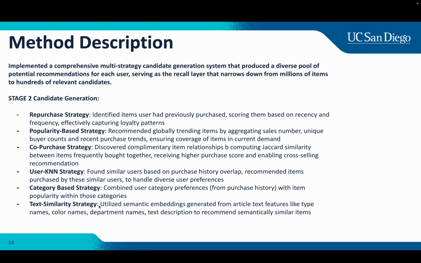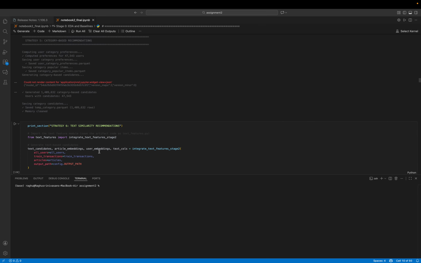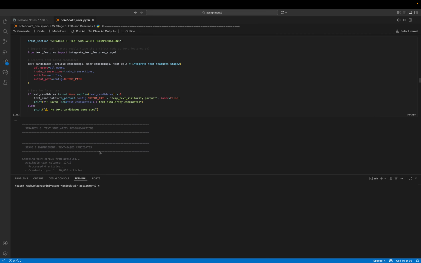And the text similarity strategy is simple, since we also have text features corresponding to each product in terms of their descriptions. So we could use that. So I used it here, text similarity. So this is from another file.